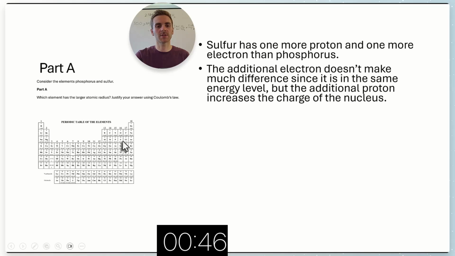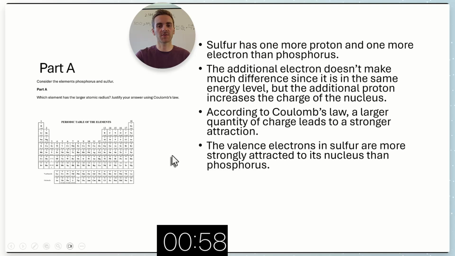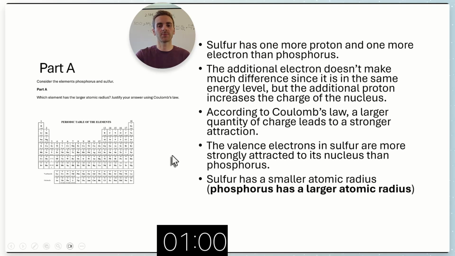That increases its nuclear charge, and therefore its nucleus exerts a stronger attraction on its valence electrons than does phosphorus. And so the valence electrons in sulfur are pulled closer to the nucleus, giving it a smaller atomic radius.